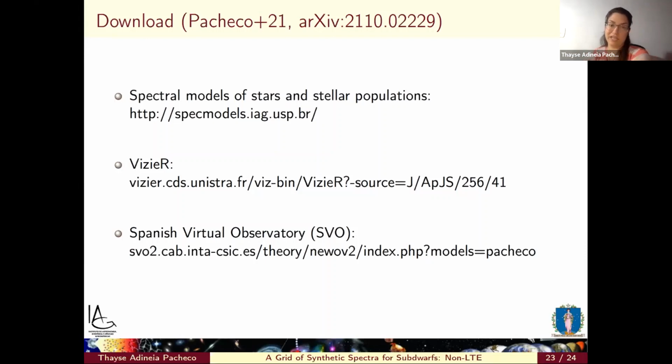We are working on this, and we are also working to do a little thinner grids in log G. But this is a starting point grid covering all the parameter space of subdwarfs.